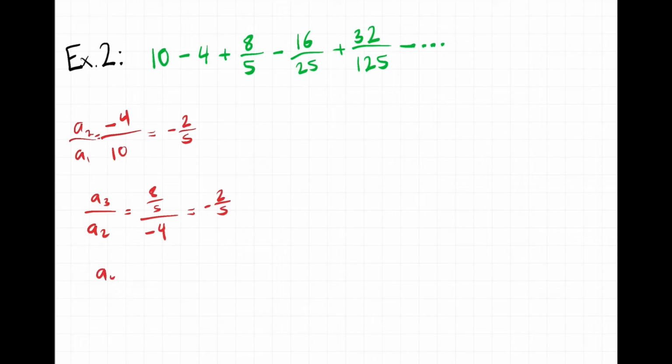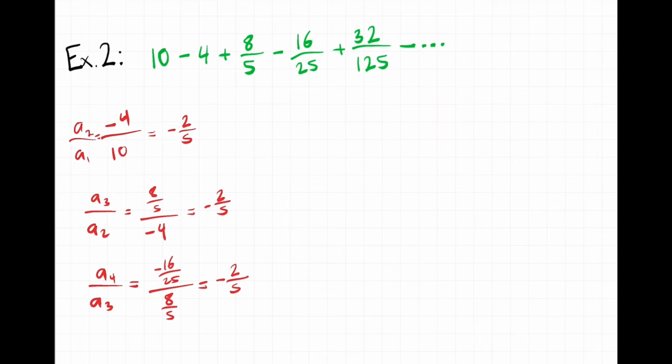And a4 over a3 is negative 16 over 25 divided by 8 over 5. That is, again, negative 2 fifths if you work that out. The next term works the same way. A5 over a4 will also turn out to be negative 2 fifths, and so on.